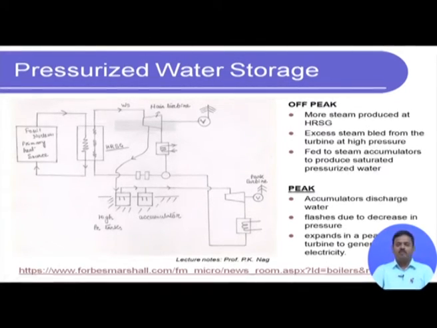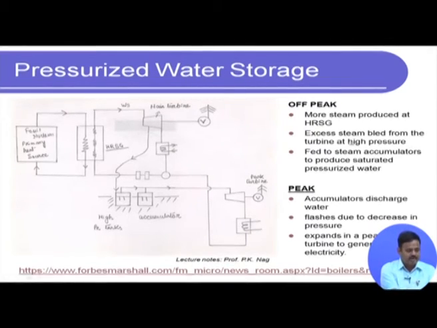So, during off peak, more steam is produced at the HRSG. What is HRSG? HRSG is the heat recovery steam generator. By now, I think you are already familiar with the term. HRSG is where steam is produced from water using the primary heating fluid or the combustible gases, whatever you want to use. Then the excess steam is bled from the turbine at high pressure.